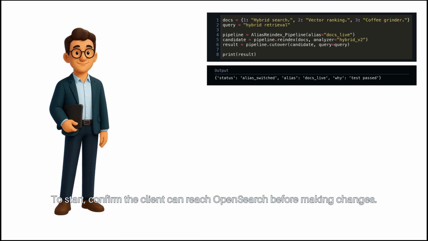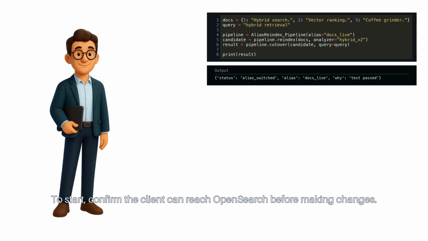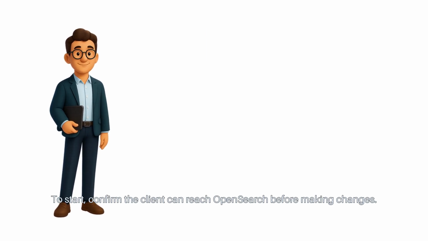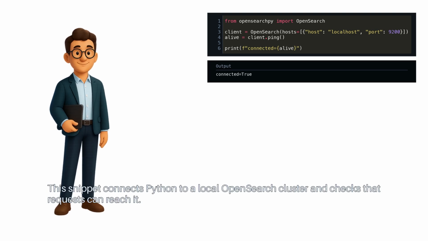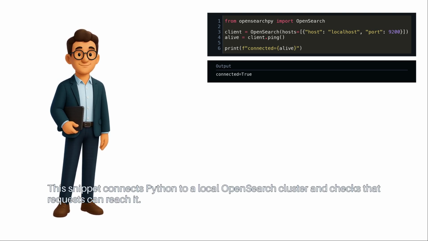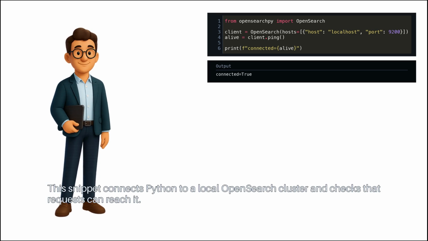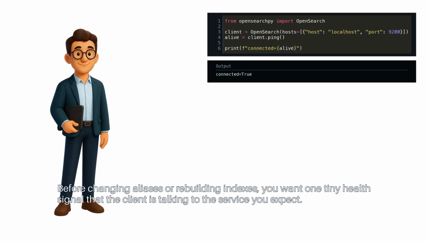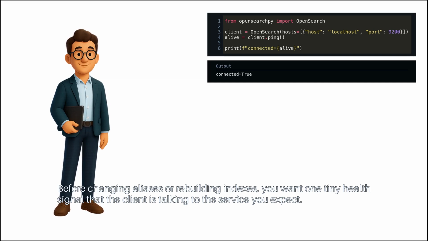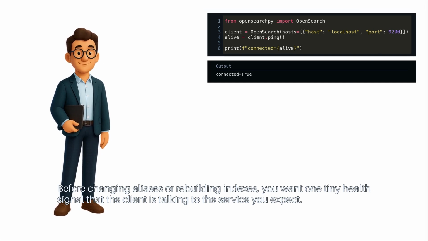To start, confirm the client can reach OpenSearch before making changes. This snippet connects Python to a local OpenSearch cluster and checks that requests can reach it. Before changing aliases or rebuilding indexes, you want one tiny health signal that the client is talking to the service you expect.